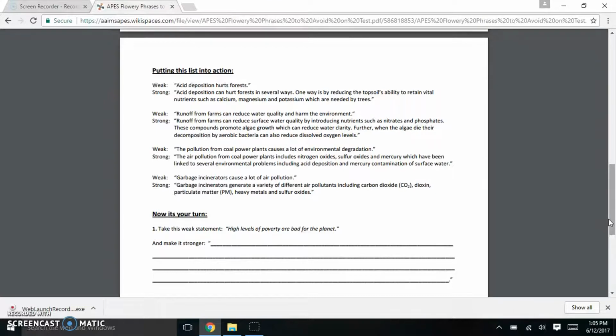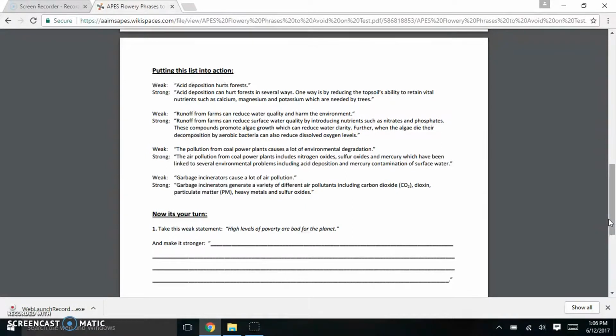In stronger writing: acid deposition can hurt forests in several ways. One way is by reducing the topsoil's ability to retain vital nutrients, such as calcium, magnesium, and potassium, which are needed by trees. So that example is broad, but it goes into detail, making it a stronger and more specific answer.